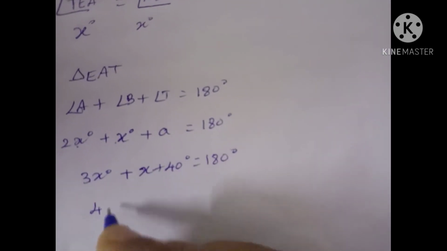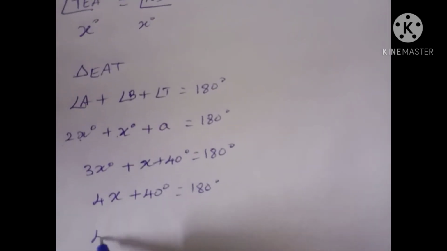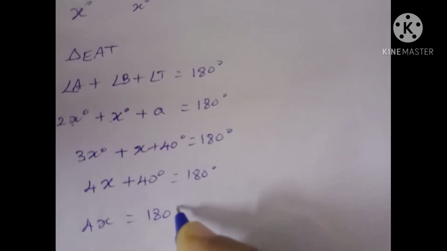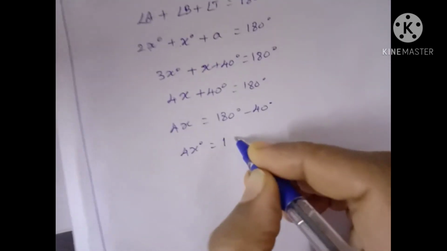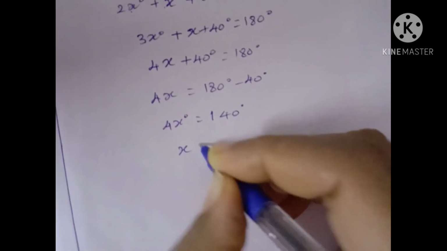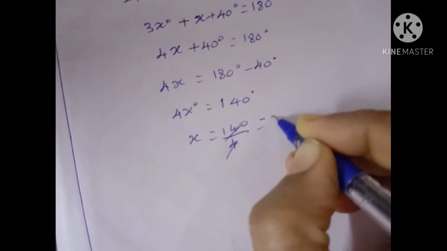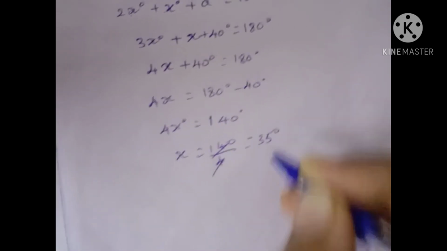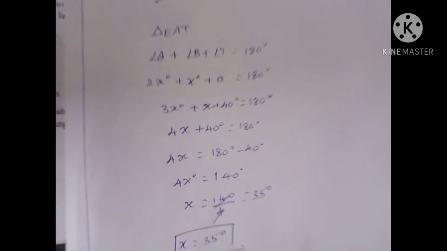Therefore, 3x plus x is 4x. 4x plus 40 is equal to 180 degrees. 4x is equal to 180 minus 40, which is equal to 140, and x is equal to 140 by 4, 35 degrees. So, the value of x is equal to 35 degrees.